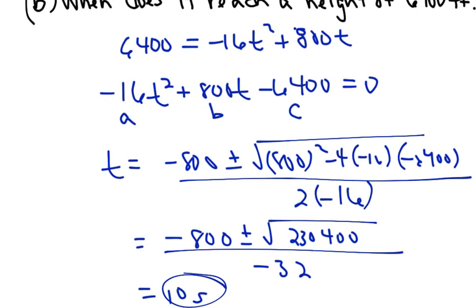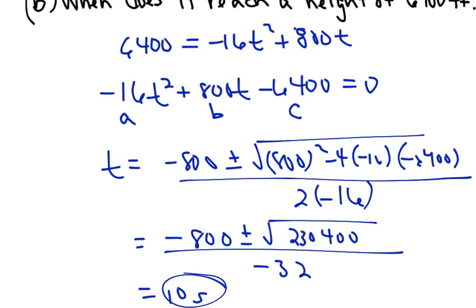The reason I didn't do the second equation, remember the quadratic equation actually has two solutions. The other one would theoretically be negative 800 minus the square root of 230,400. Actually, I am doing that because I forgot I'm dividing by a negative, so I should get a positive at the end. Let's see, negative 800 minus the square root of 230,400.